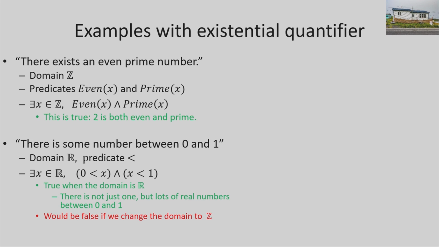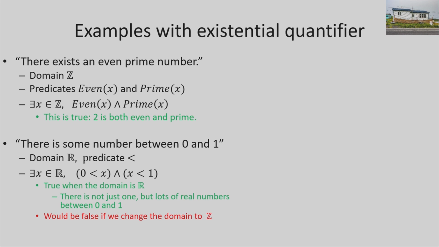Let's try another one. There is some number between 0 and 1. Let's take our domain to be real numbers now, and let's take the predicate to be less than, strictly less than. Now the formula that encodes the sentence says there is a real number x such that 0 is less than x and x is less than 1.